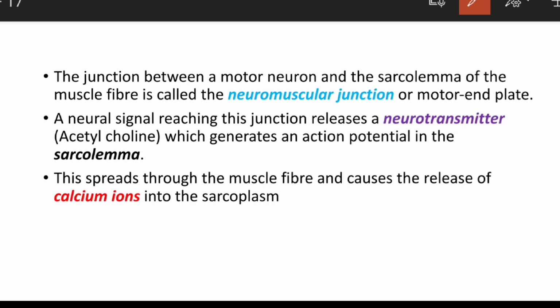The junction between the motor neuron and the sarcolemma of the muscle fibers is called the neuromuscular junction, which we have already discussed in our previous video, or it is called the motor end plate. A neural signal reaching this junction releases a neurotransmitter called acetylcholine, which generates an action potential in the sarcolemma.